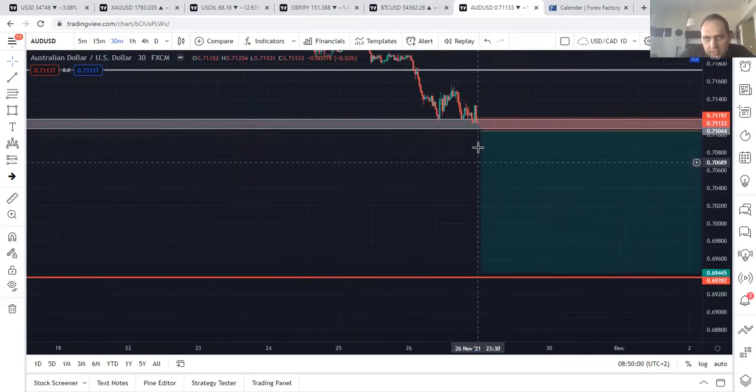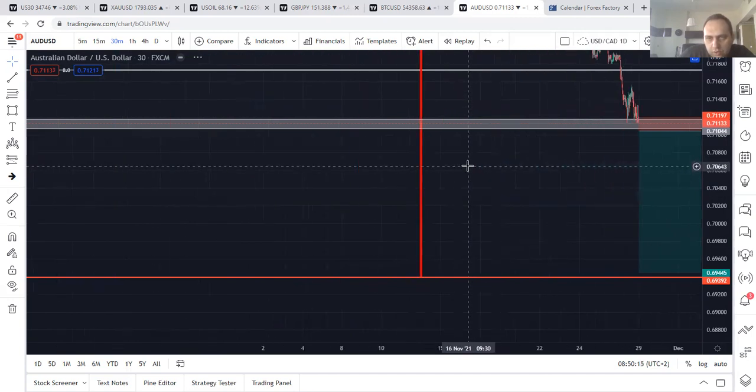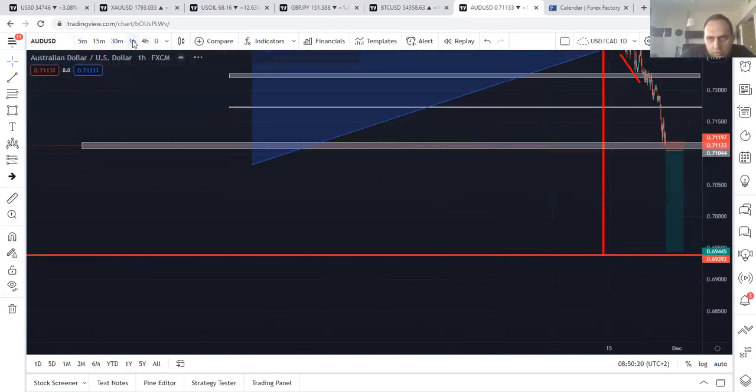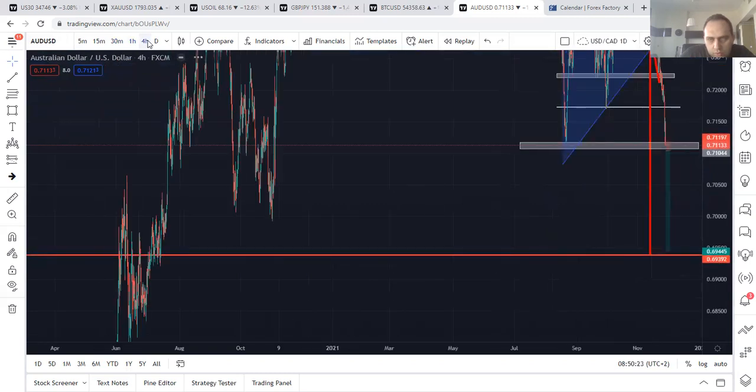We can still catch this trade. Breaking this level 0.71, 0.7104, 0.7094 TP1, 0.7065 TP2, 0.7075 TP3, 0.7010 TP4.